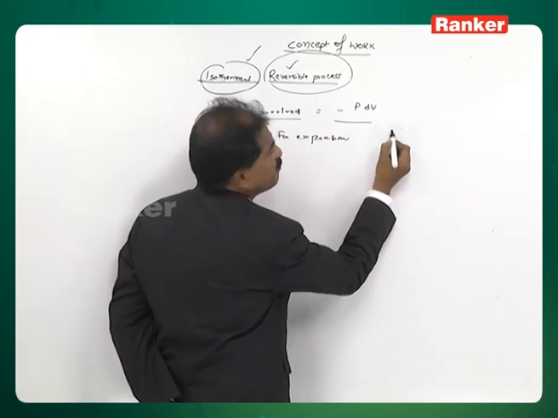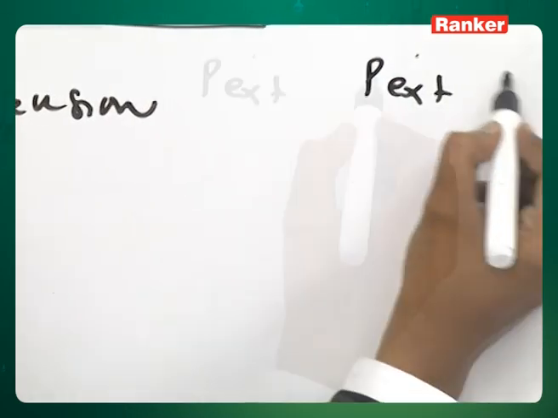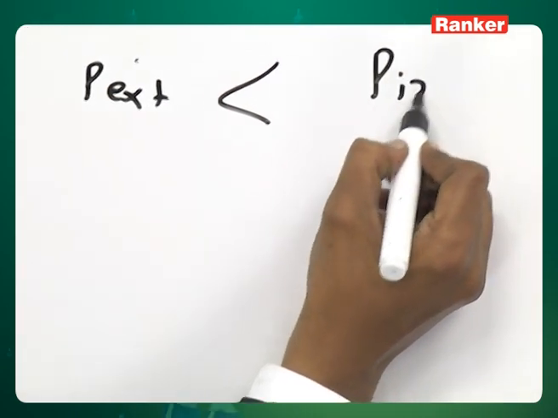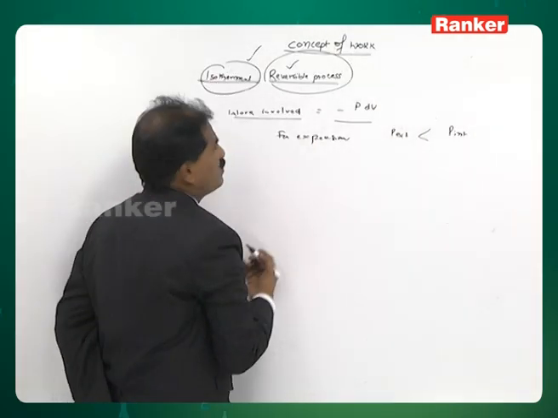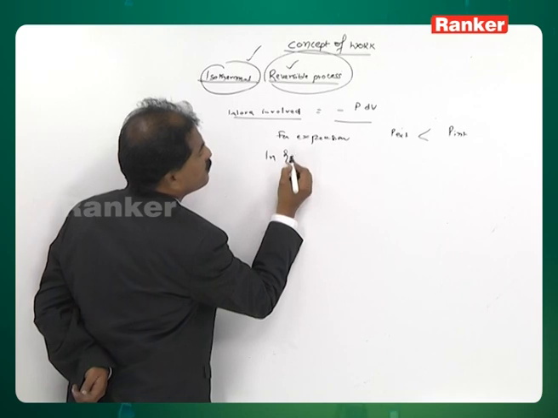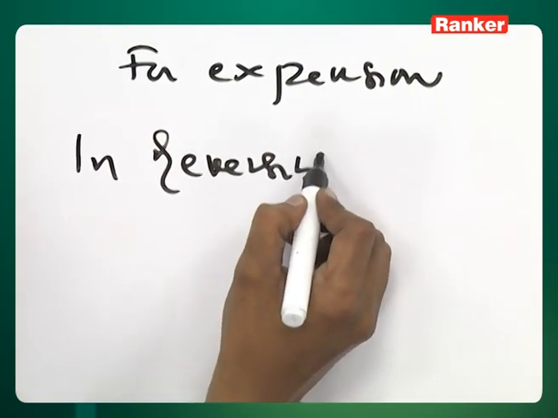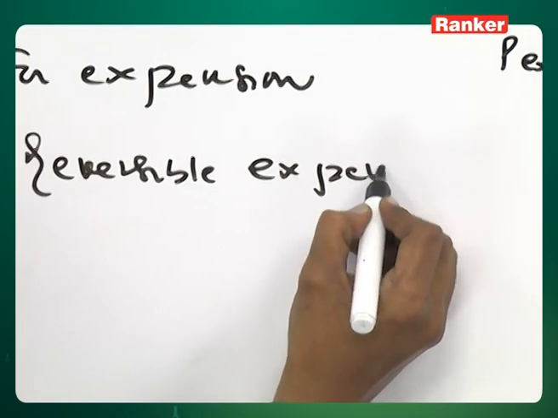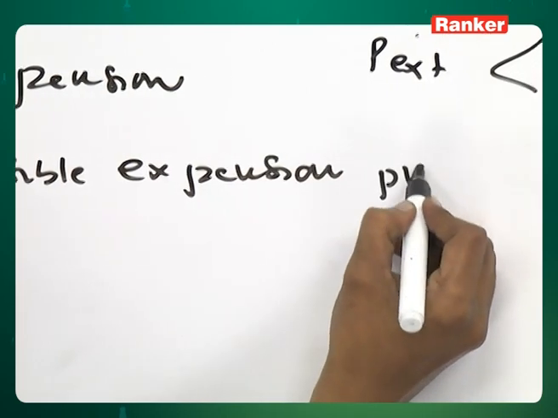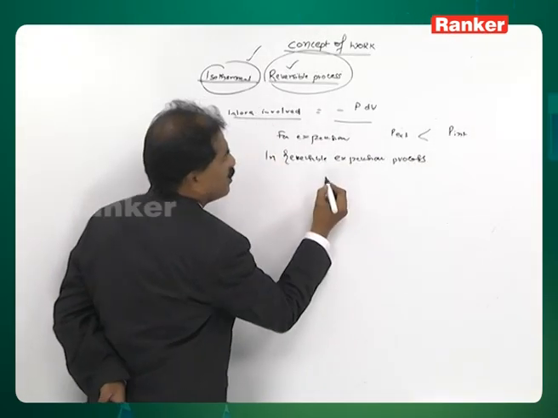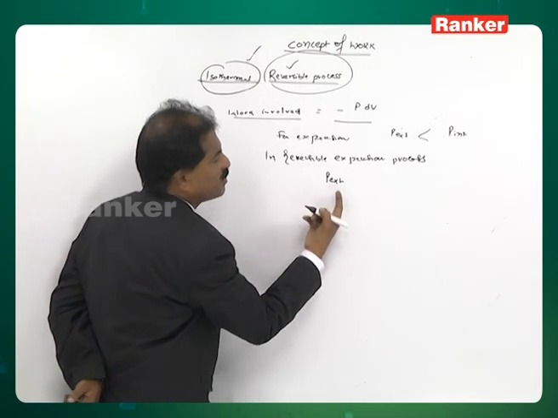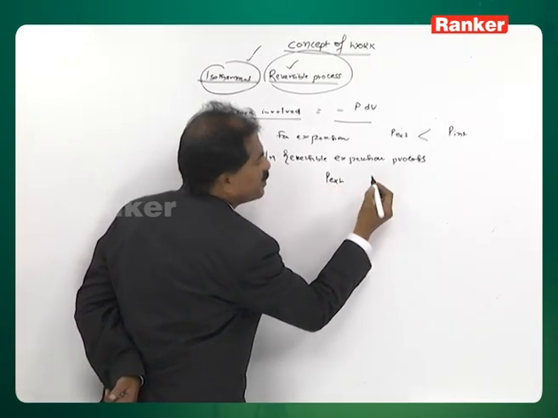Therefore, for expansion, P external must be less than the P internal. Next, in reversible expansion process, P external must be less than the P internal.